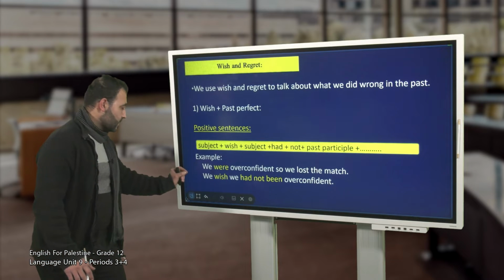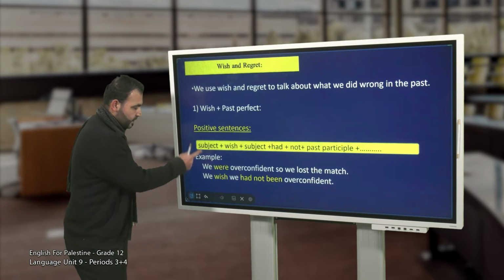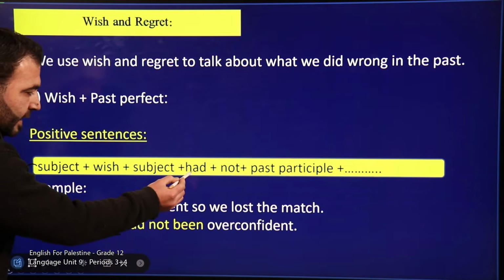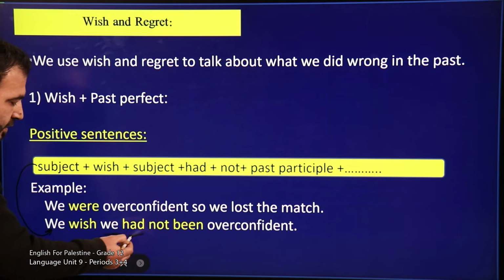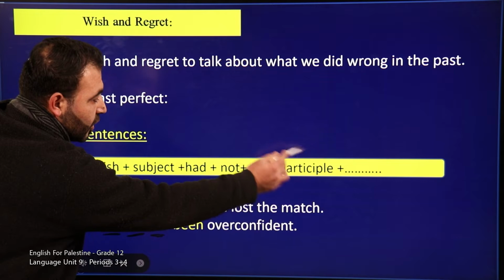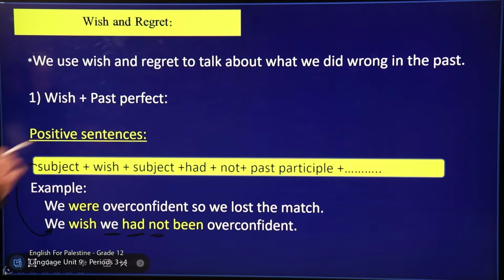I say it like this. We is the subject, wish, the second subject, we, and had not, and the past participle form of the verb in the original sentence.